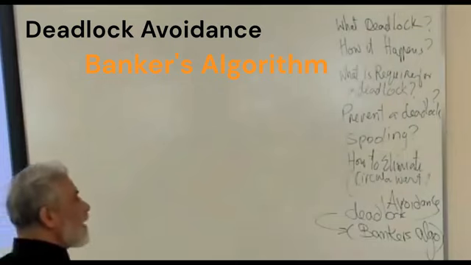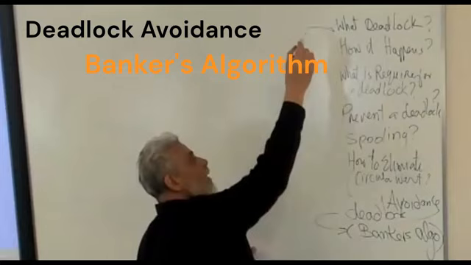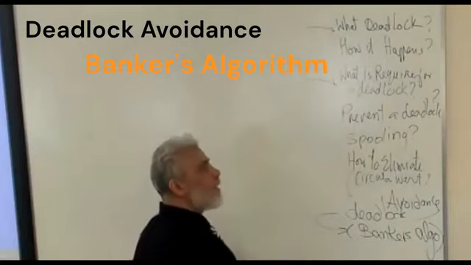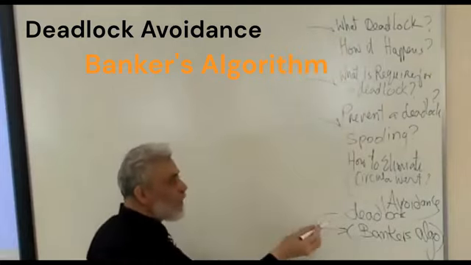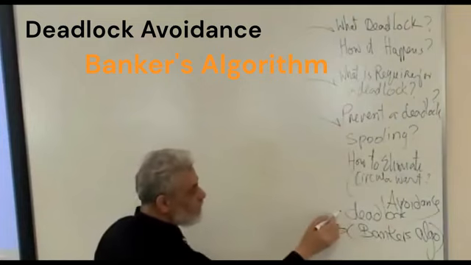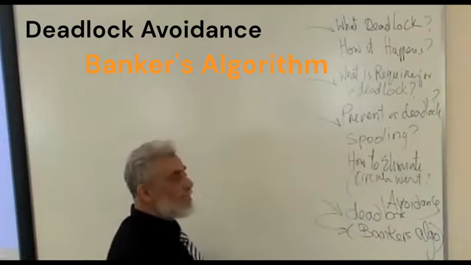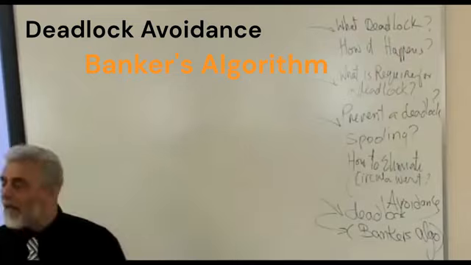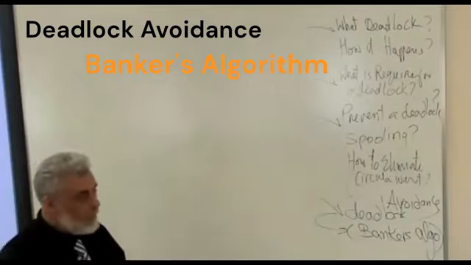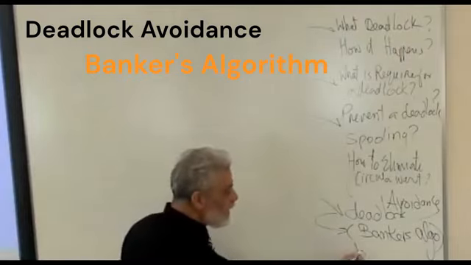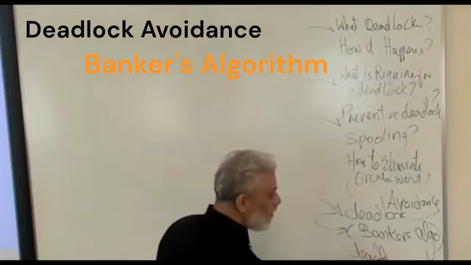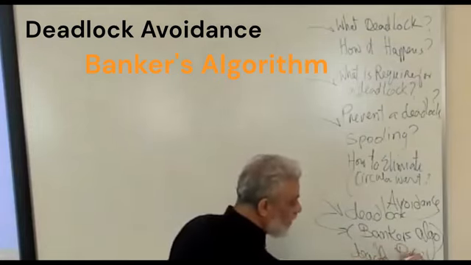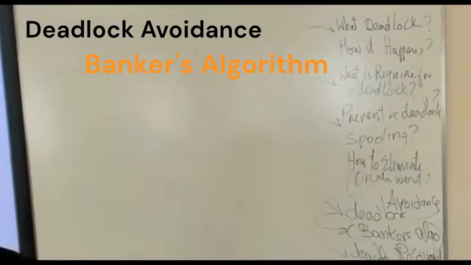And finally, how does deadlock happen? What's required for it to happen? How do we prevent it? How do we avoid it? And if it happens, how do we recover from it? So, last thing is deadlock recovery. How do we solve it after it happens? How do we get out of it?